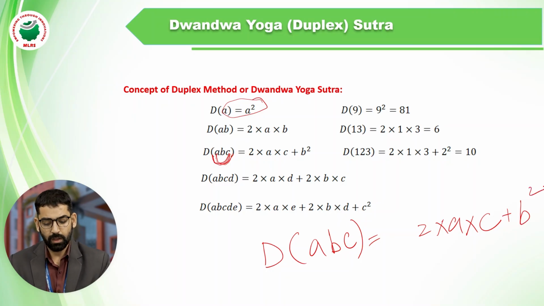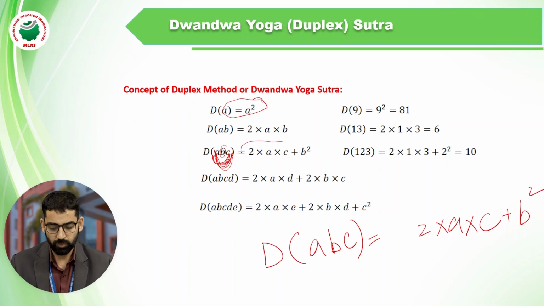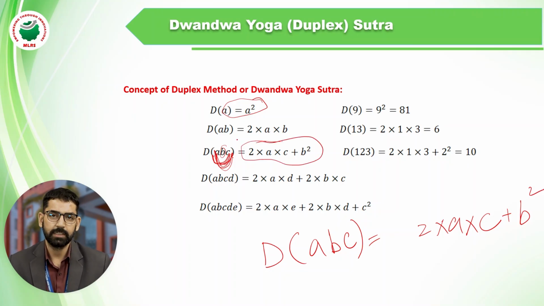Once again, if you have to calculate the duplex of a 3-digit number, make the pair of the first digit and the last digit and calculate 2 into A into C, as for a 2-digit number. Then we are left with one number, B, and the duplex of a single digit number is its square, so plus B square. This is how we take the duplex of a 3-digit number.